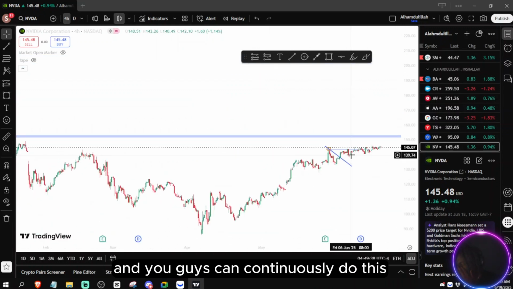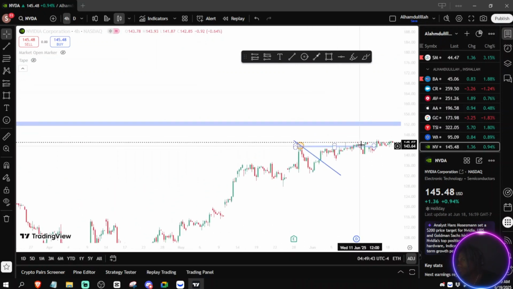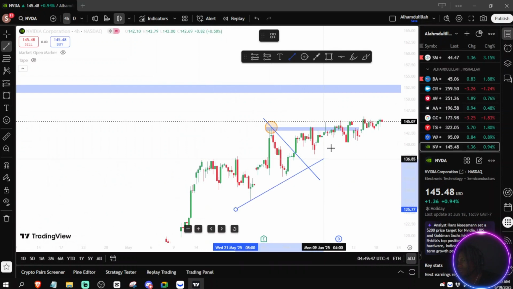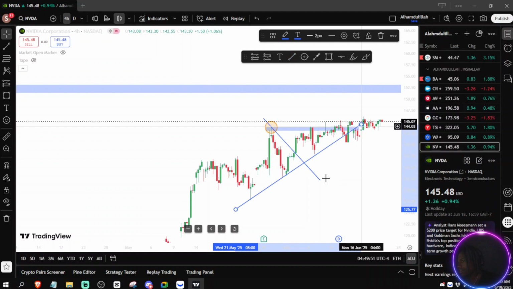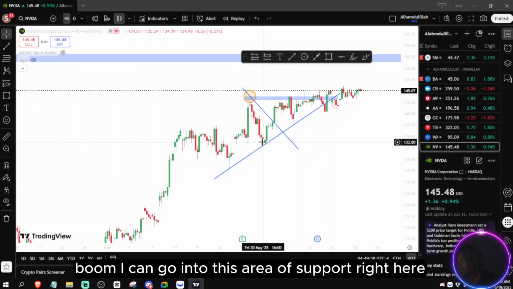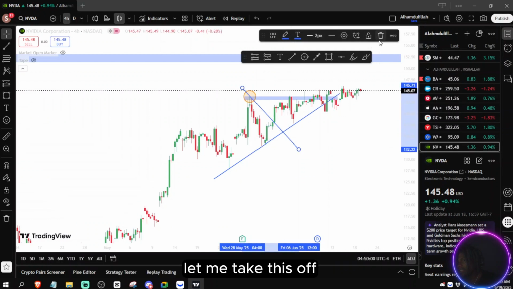And you guys can continuously do this. Even if market is in a downtrend, you can do this at areas of support. Take this trend line, for example. I can see this area of support right here. Let me take this off.